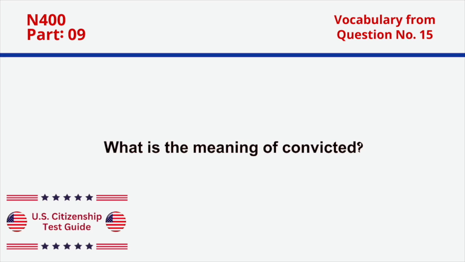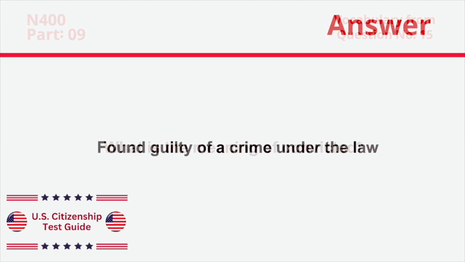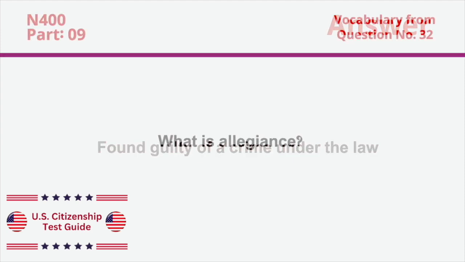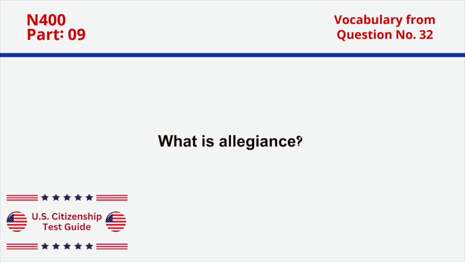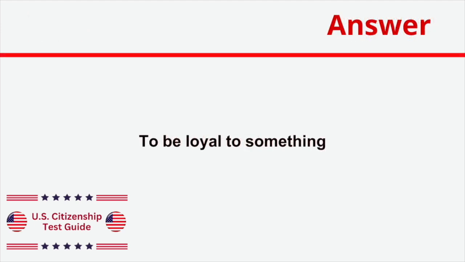What is the meaning of convicted? Found guilty of a crime under the law. What is allegiance? To be loyal to something.